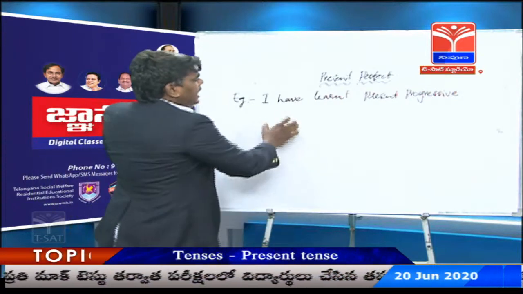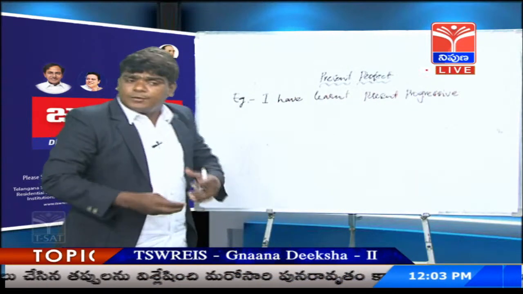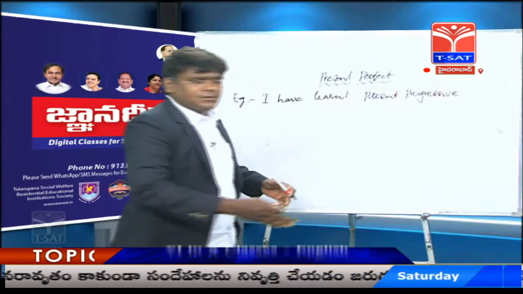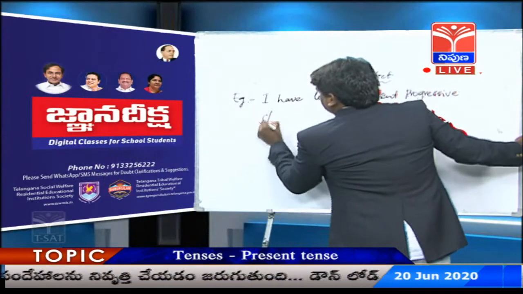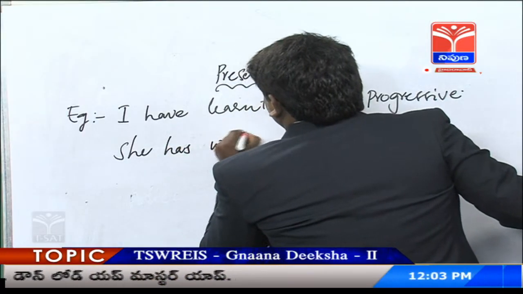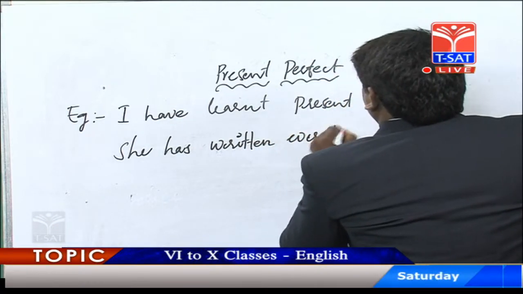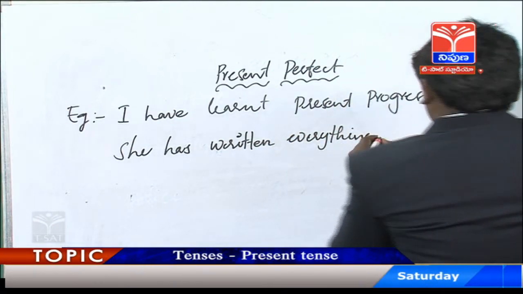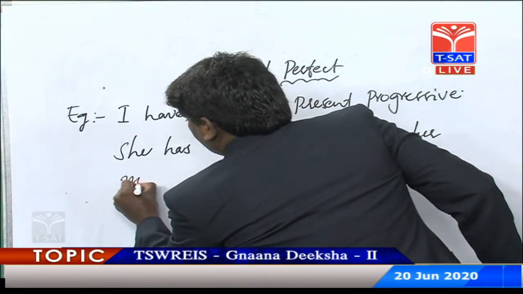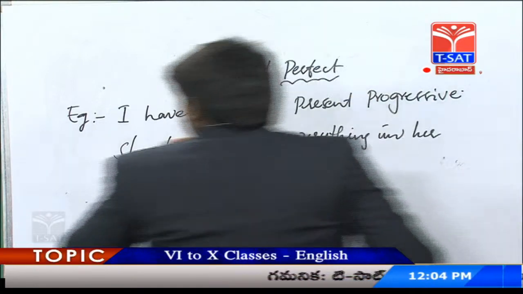For example, I have learnt present progressive. For example, if you are taking notes of present continuous, she has written everything in her notebook.